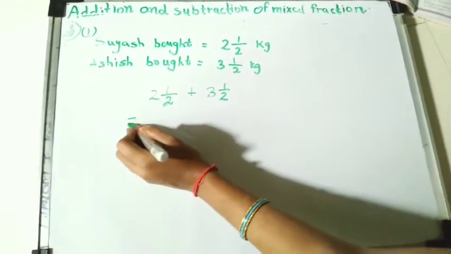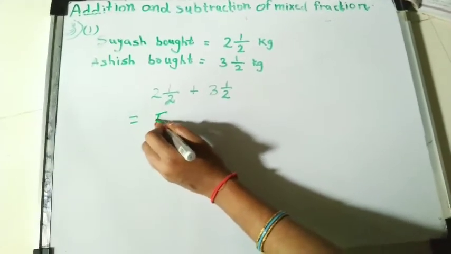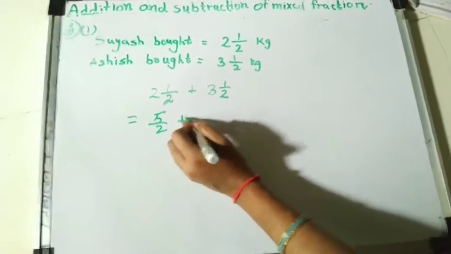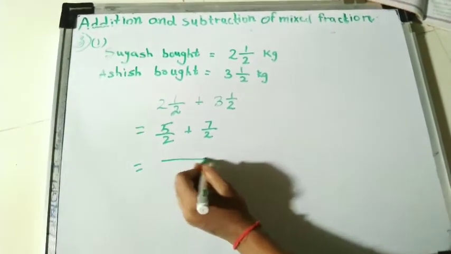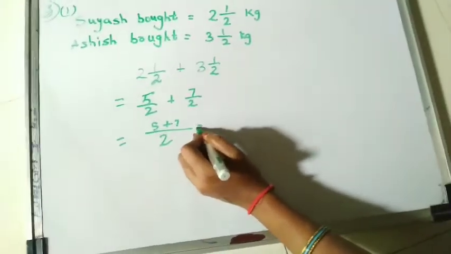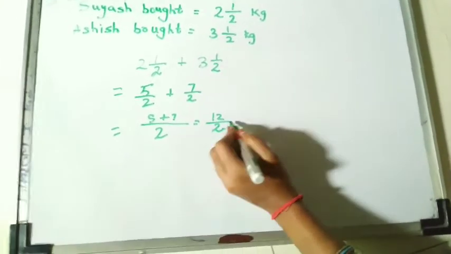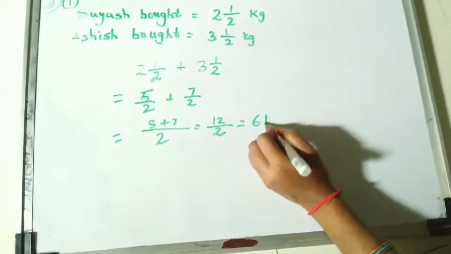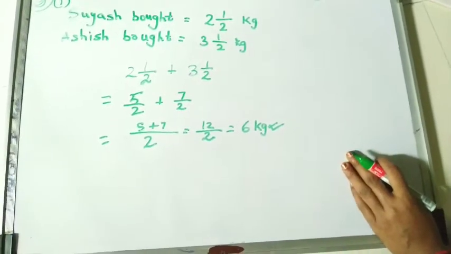It means total sugar is 2 times 2 plus 1, 5 by 2, plus 3 times 2 plus 1, 7 by 2. It means 5 plus 7 equals 12 by 2. It means 6 kg. Total sugar is 6 kg.